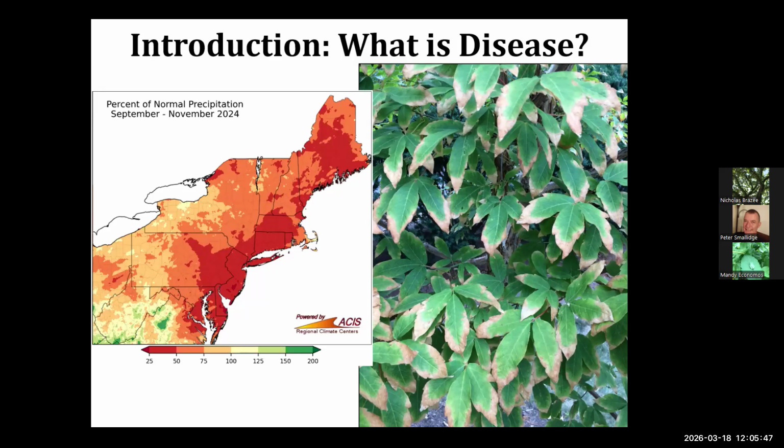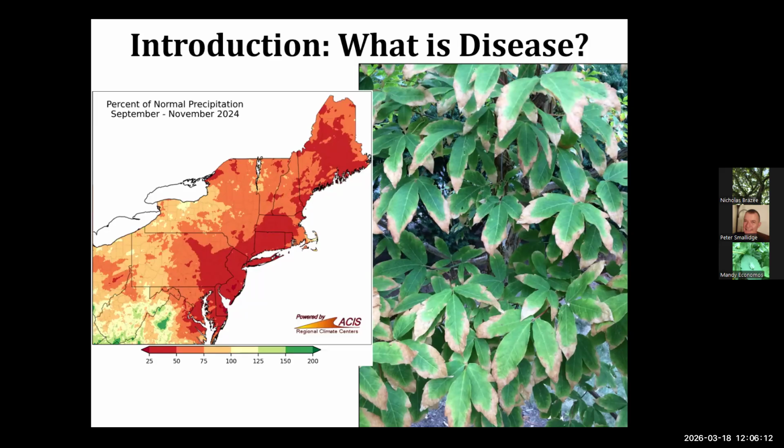And when there are shades of orange and red, that means we're way below average. So it was very dry across all of the Northeast and some areas in particular, including most of Massachusetts, but big swaths of Maine and eastern Pennsylvania were very, very dry. And so to think about drought stress as causing disease, I mean, typically we think of drought as just a stress and not a disease agent itself.